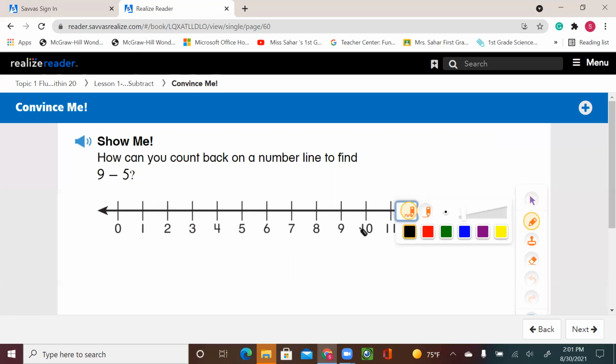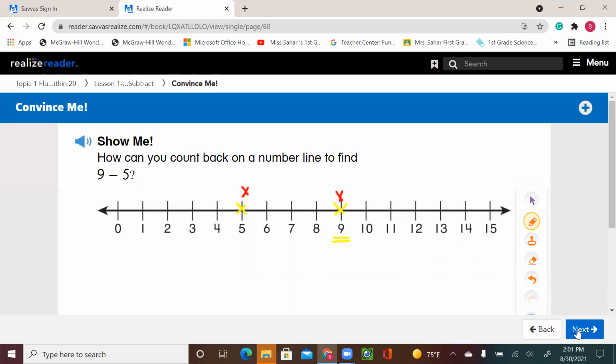So here's my lesser number 5 and the big or the other number 9, and then you're going to count on till you reach your big number, or count backwards. So we're going to start from our big number to reach the smaller number, and we see where we land.